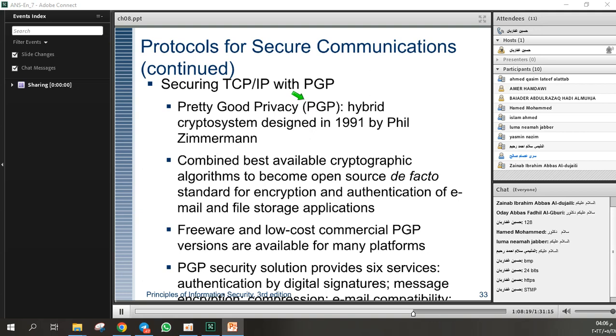Another secure communication protocol is PGP. A few slides ago, I said that if you are looking for secure email transfer, I can use PGP. PGP is a hybrid crypto system designed in 1991 by Phil Zimmerman.